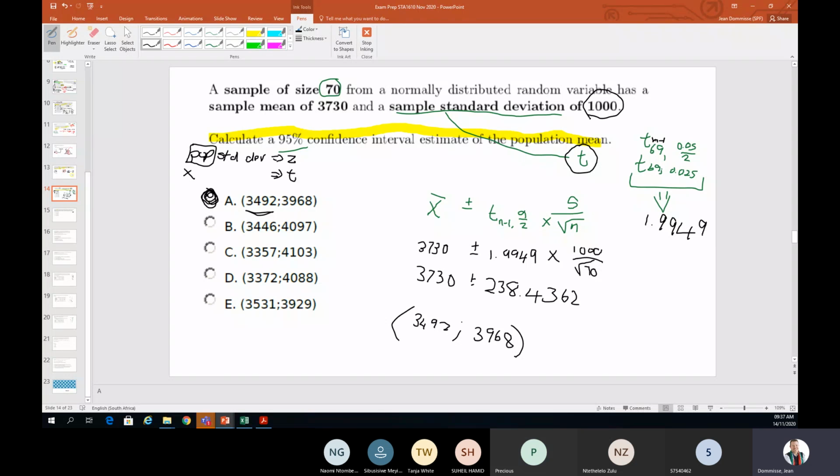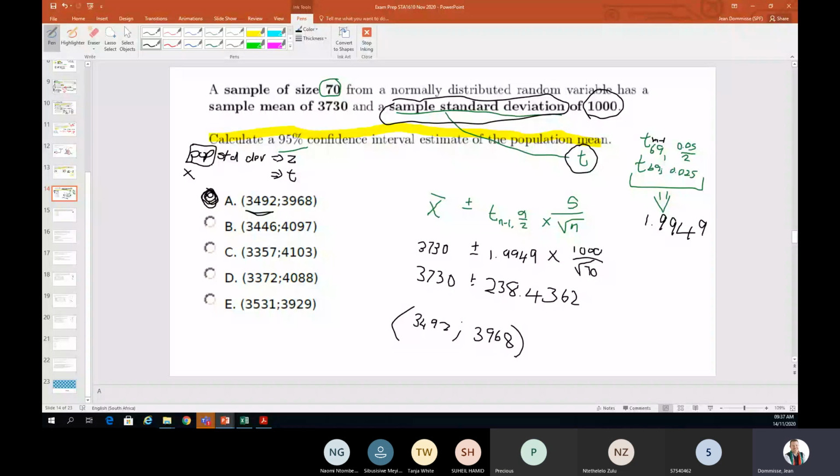So I actually know it. What we need to look at is, if it tells me sample standard deviation, then we are working with a t. It needs to tell me population standard deviation for me to work with a z. So that is how you identify it.